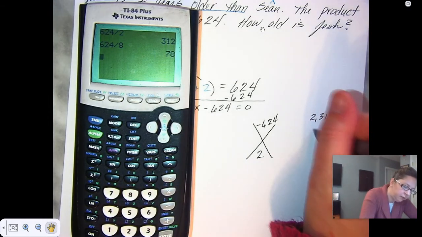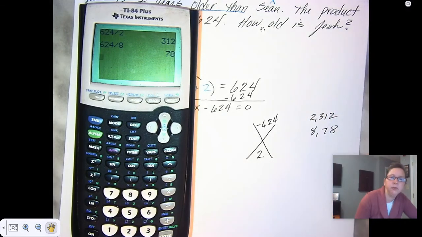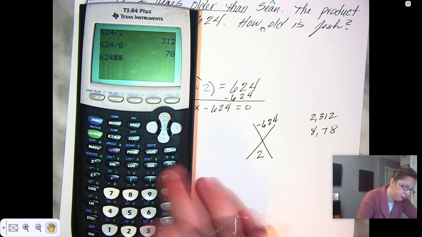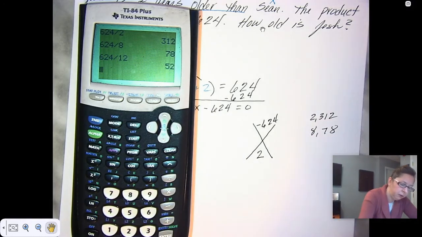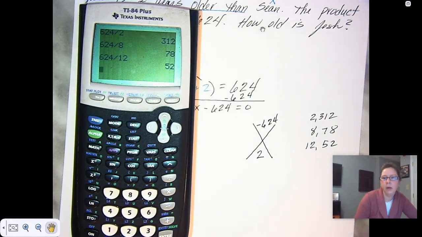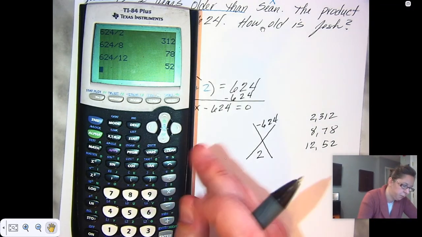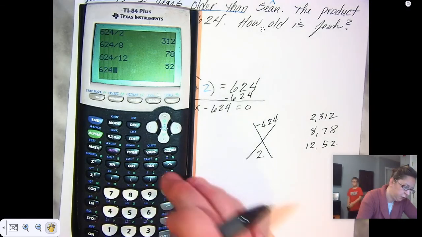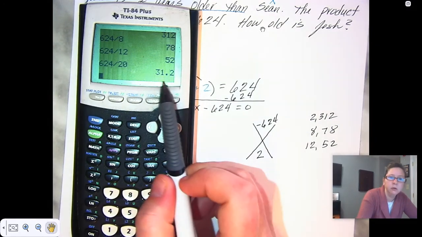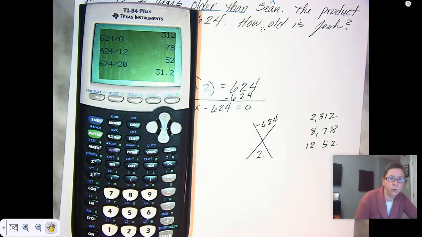Oh, 8 and 78, but they're not close enough yet, okay? 624 divided by 12, maybe? 12 and 52, not quite close enough to get to 2 if I add or subtract them. So let's do 624 divided by 20. Okay, so that did not come out to a whole number, so I can't use it. I just ignore the decimals.